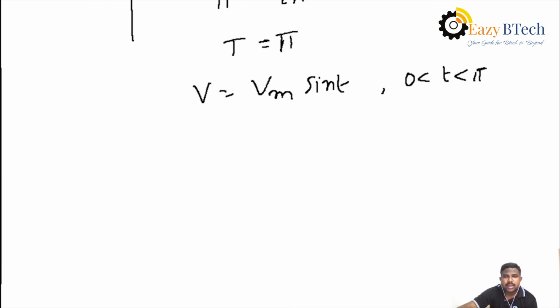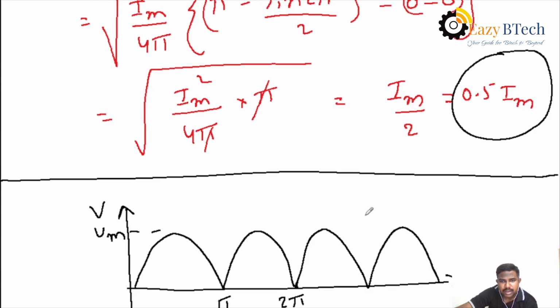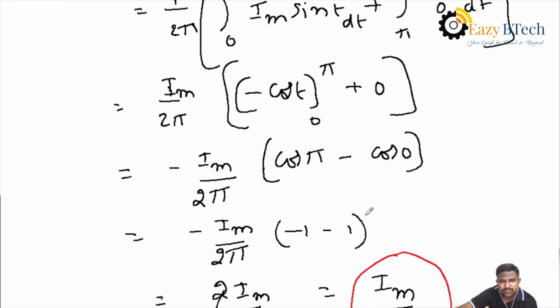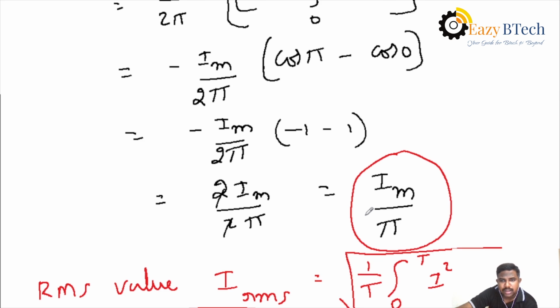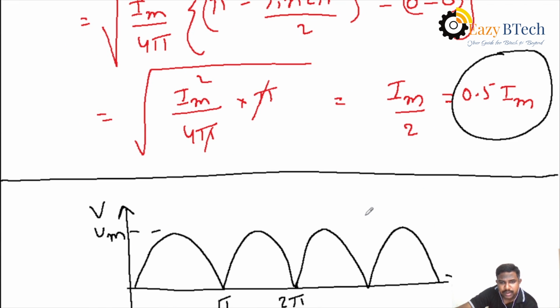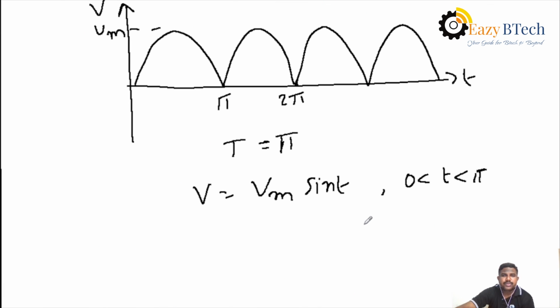In the same way, we can find the average and RMS value from 0 to pi using the above formulas. For the full wave rectifier output also you can find the average and RMS values. Okay, the half wave rectifier and full wave rectifier are both very important in university examinations.